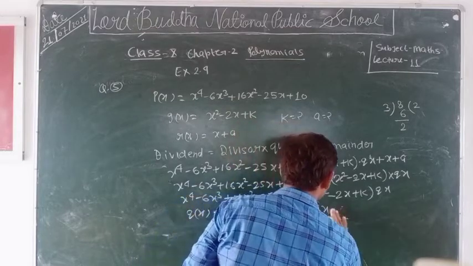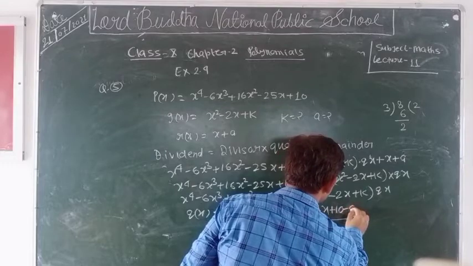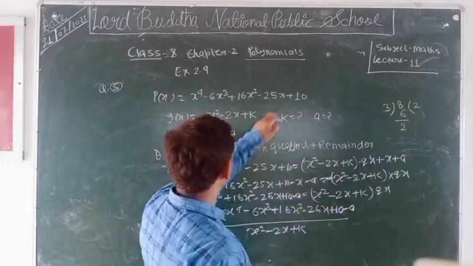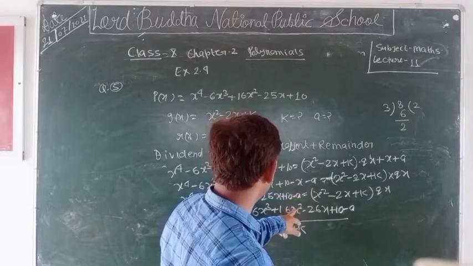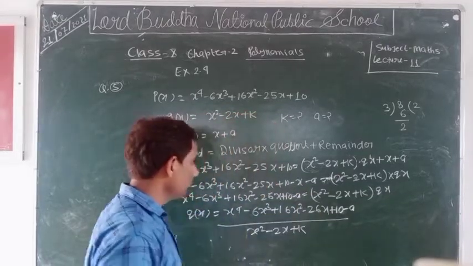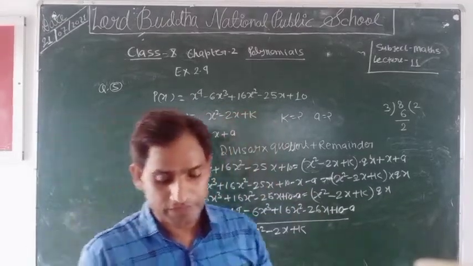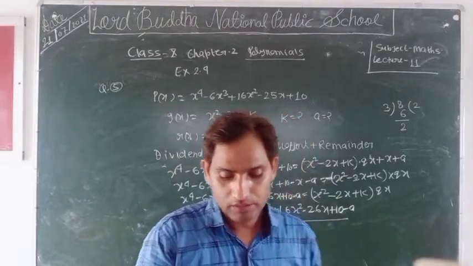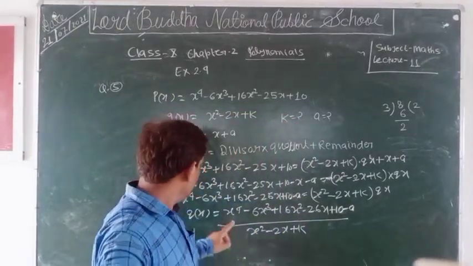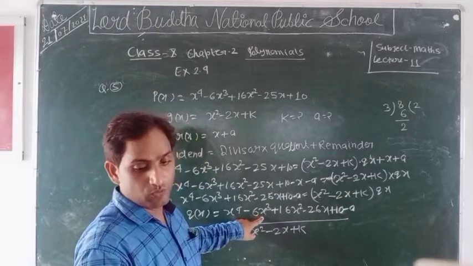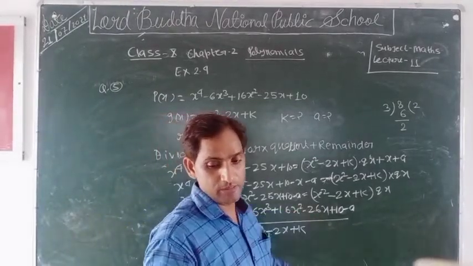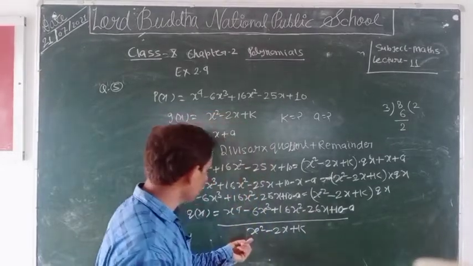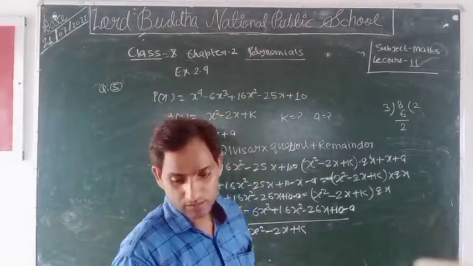Here also plus 10 minus 10, because the constant in the question is 10. Now our question becomes x power 4 minus 6x cube plus 16x square minus 26x plus 10 minus a, which is divided by x square minus 2x plus k.